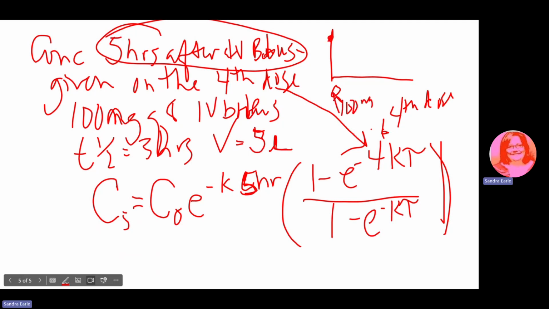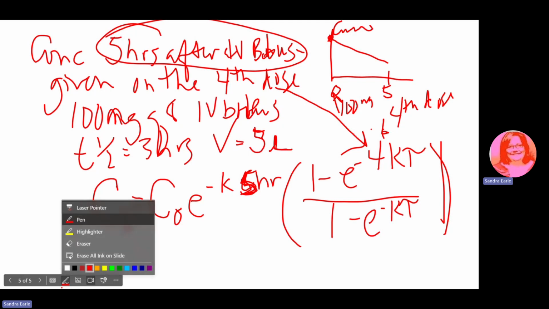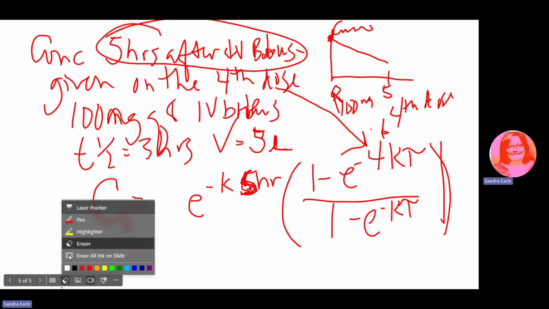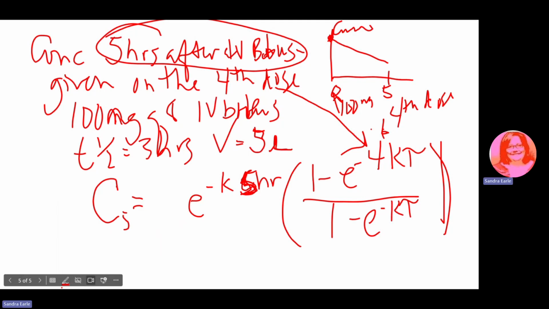We get to our Cmax, and then it falls for 5 hours. So we want to put in our T, we're going to put 5 hours here. How are we going to figure out our C0? Well, our C0 is going to be our dose divided by our volume, which is 5 liters.